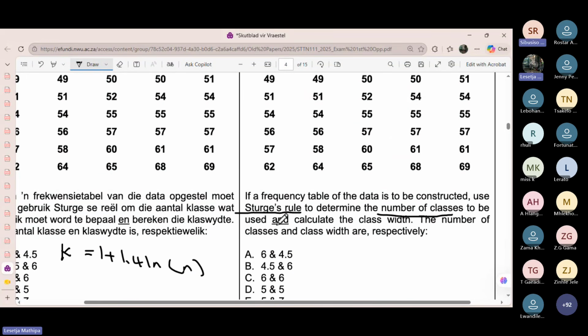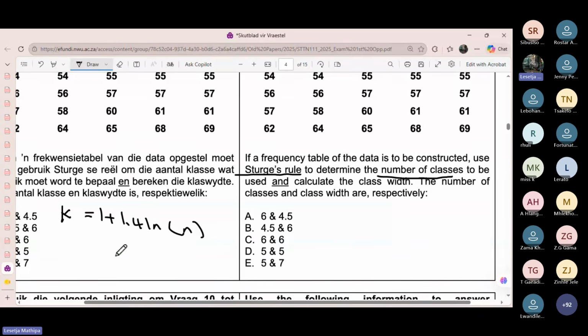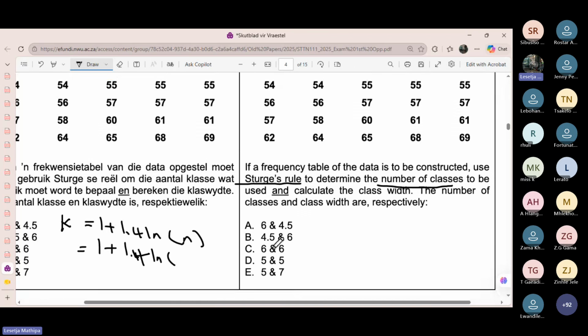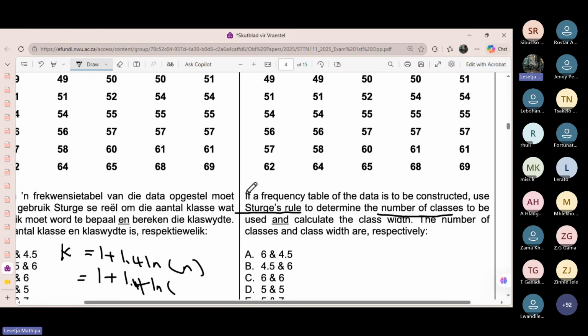So let's start by calculating the number of classes. Then after we'll calculate the class width. So now here you want to say 1 plus 1.4 ln. Then what is the value of n? For the value of n, you're going to count how many numbers we have here.